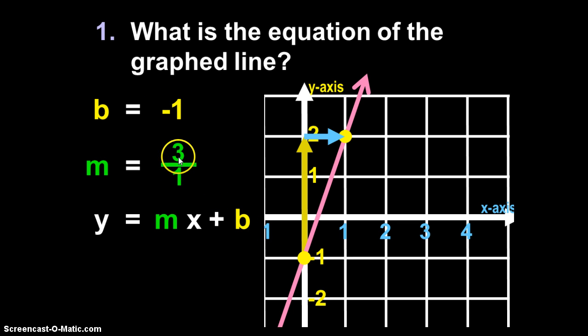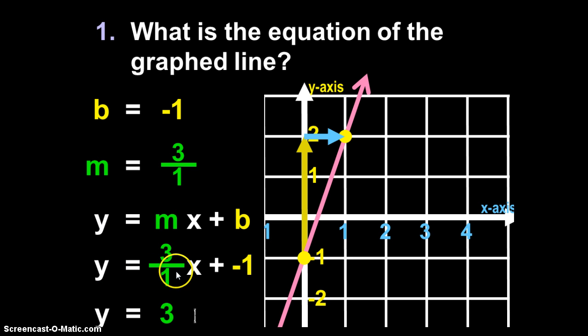We can just replace m and b with these numbers, and we can get the equation of the graphed line. There's no need to have a 1 in the denominator, so we can write it as y equals 3x plus -1, or we can write it as y equals 3x minus 1.